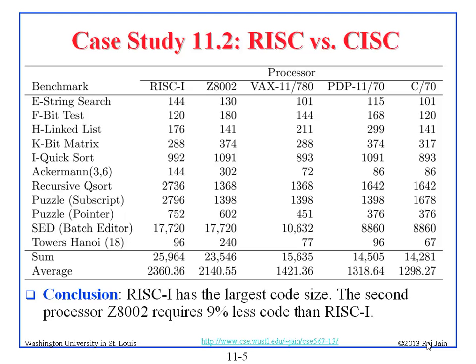The code size is simply measured in the number of instructions. You need 2360 instructions for the RISC. On the Z8002, you need only 2140, and so on and so forth. So Z8002 requires 9% less code than RISC 1.